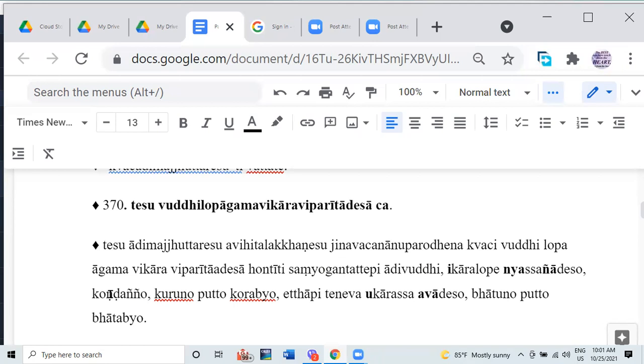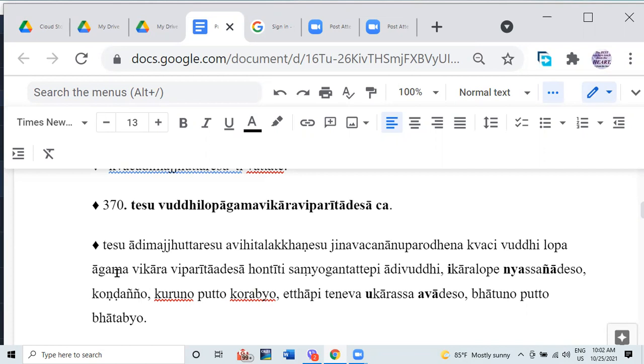Loba, there is elision. Agama, there is augment. Vikara is a little tricky, a problematic word. Viparita is rebirth changing. Atisa includes many changes. Vikara also has many changes. These things take place.